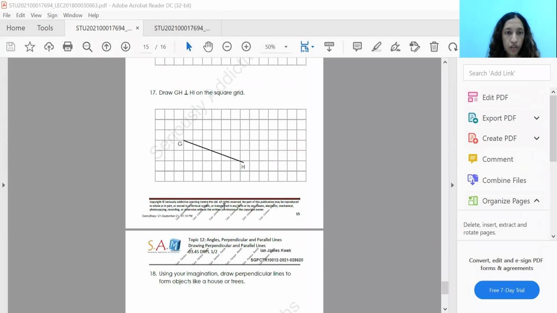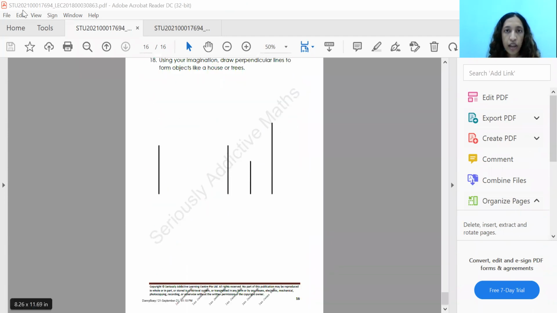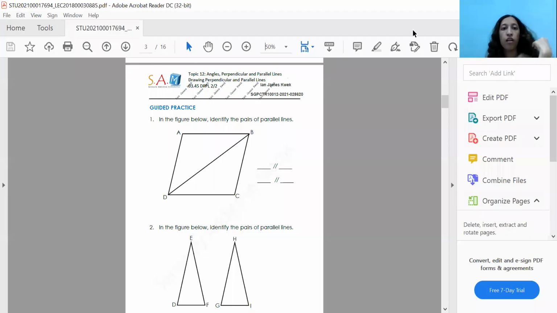Now let us move on to the next booklet. Okay, so in the figure below, identify the pairs of parallel lines. So, okay, we've gone through parallel lines in the previous sessions, right? So what are the parallel lines over here? As we can see, AD is parallel to BC.